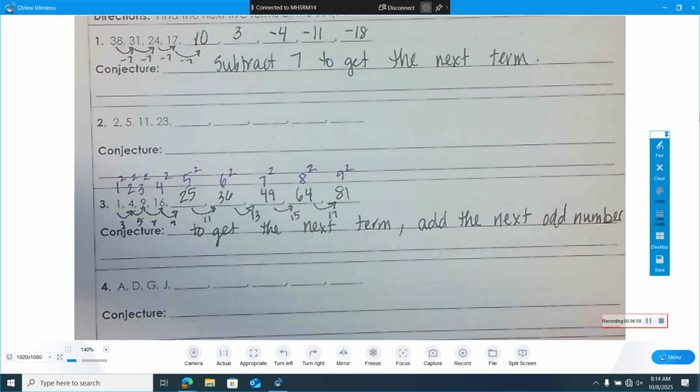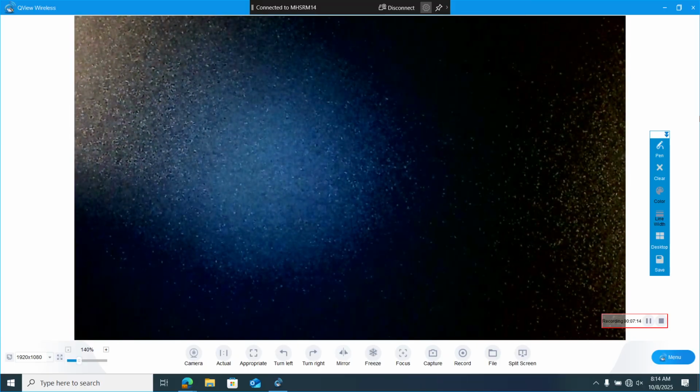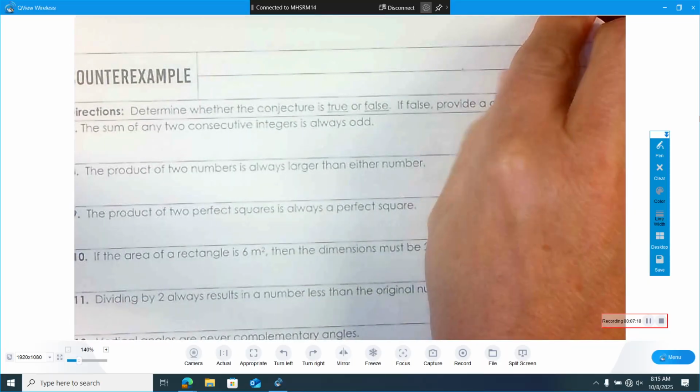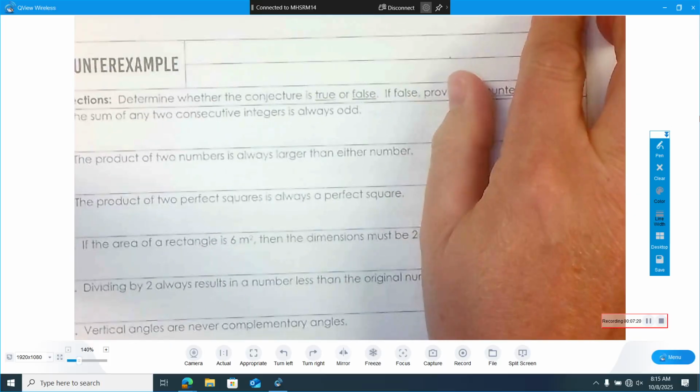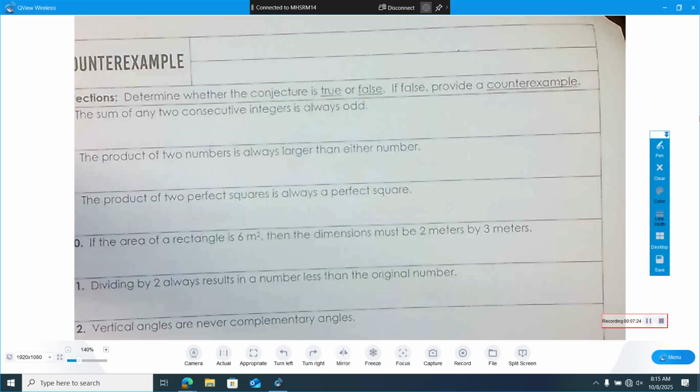Okay, cool. So that's conjecture. We saw a pattern, and we can make a prediction based on that pattern that we see. Fantastic. So what we want to be careful of is when we use our inductive reasoning, that we want to be able to verify that our conjecture is true.